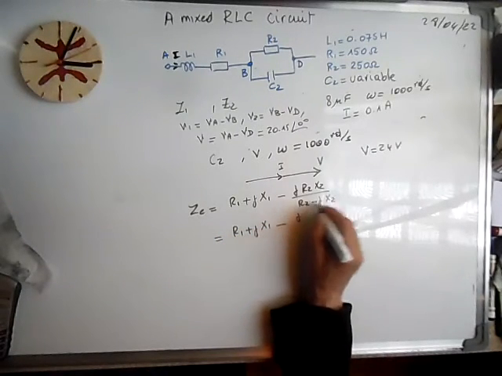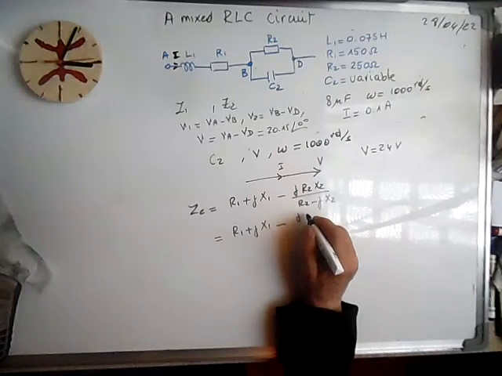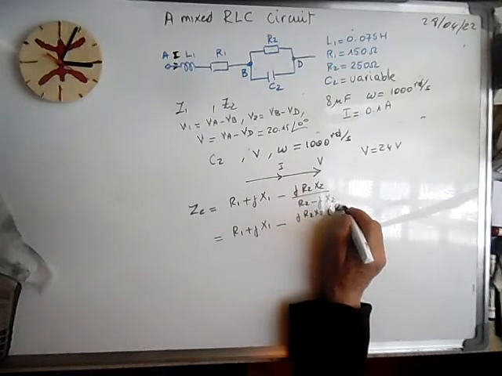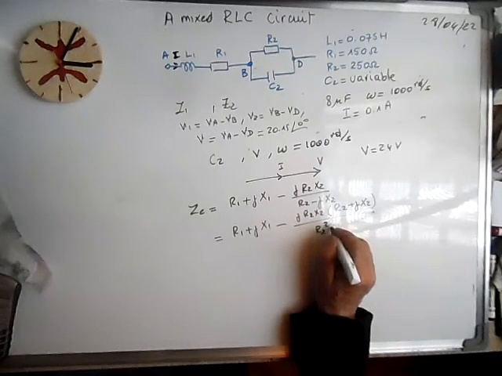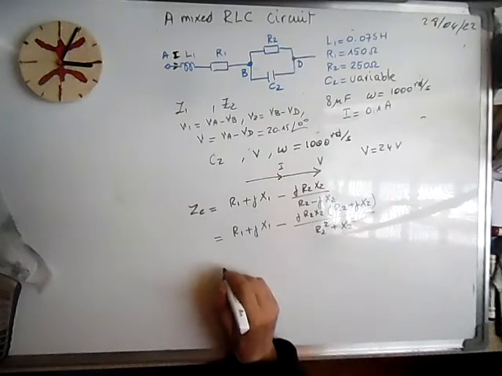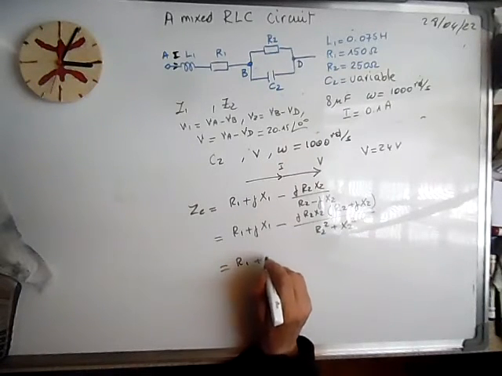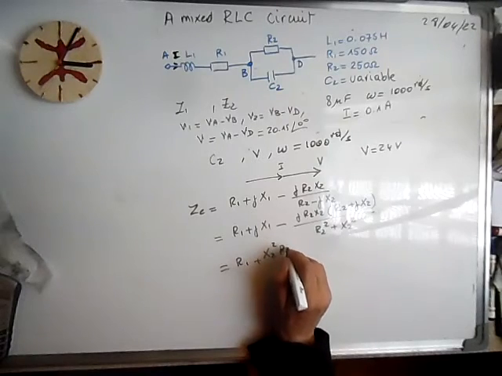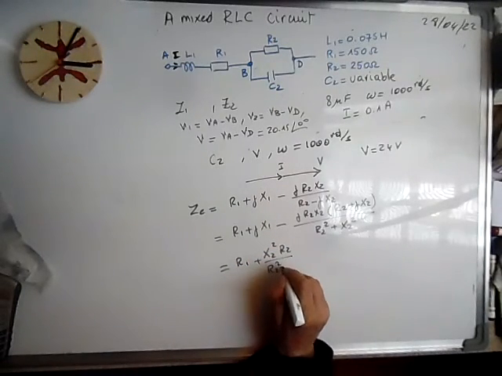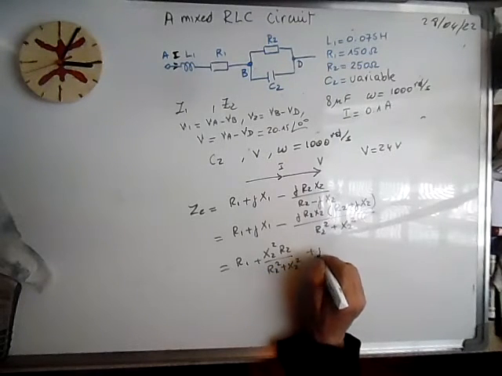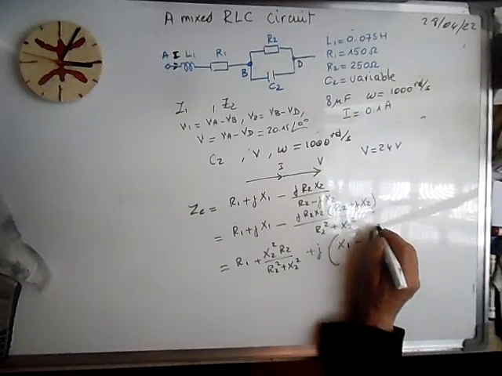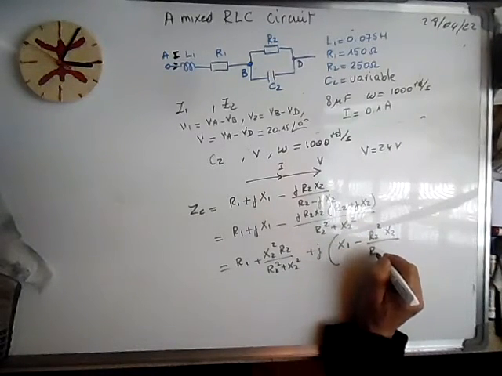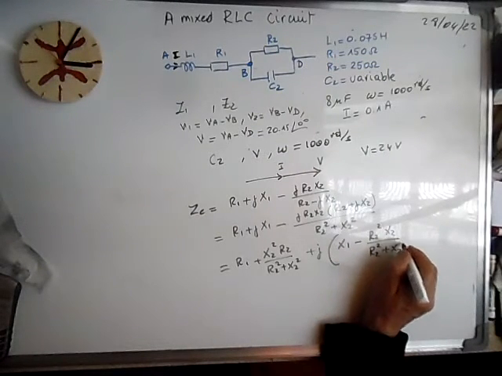We eliminate the imaginary part in the denominator by multiplying by the conjugate, and we obtain R2 squared plus X2 squared. The result is R1 plus X2 squared R2 over R2 squared plus X2 squared, and the imaginary part is the following: X1 minus R2 squared X2 over R2 squared plus X2 squared.